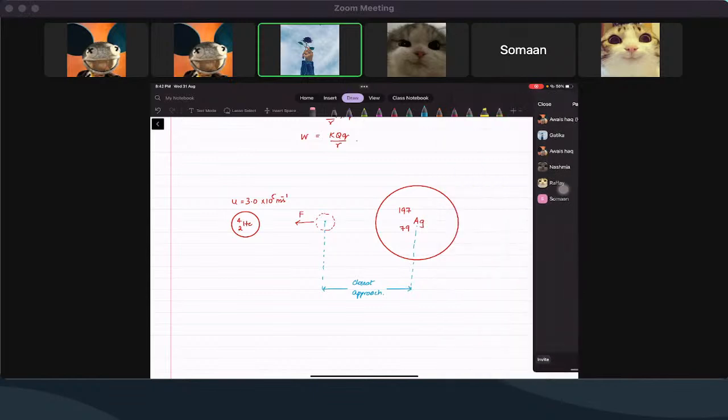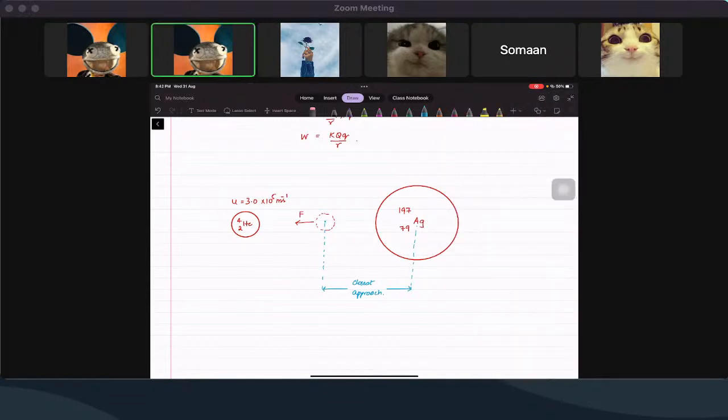Sir, could you repeat, please? Yes. So you see, helium nucleus is positive. We all agree to that. What I'm saying is that both of them have a repulsive force between them because positive repels positive, right?